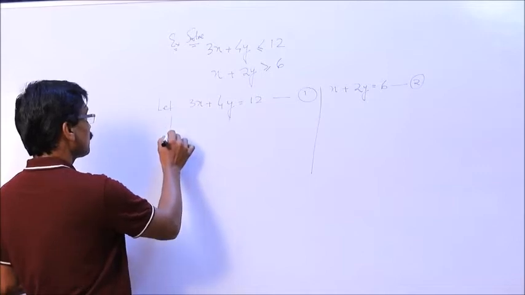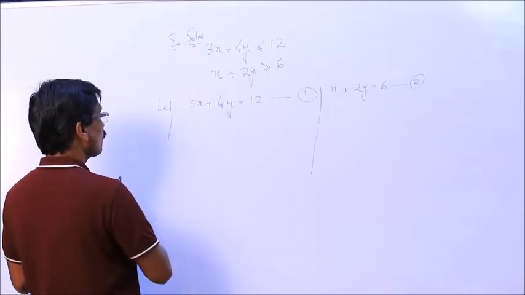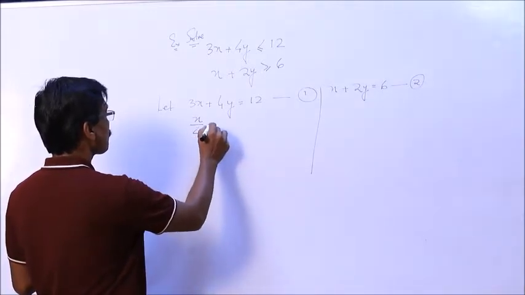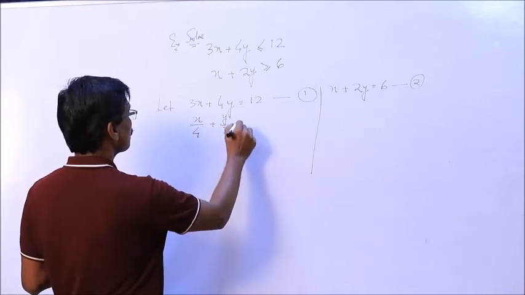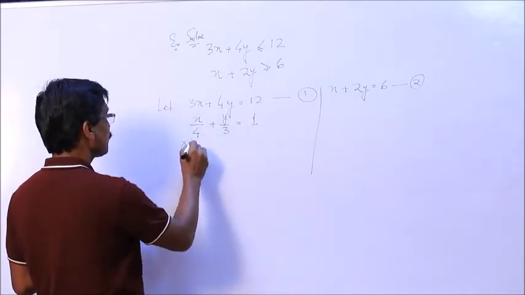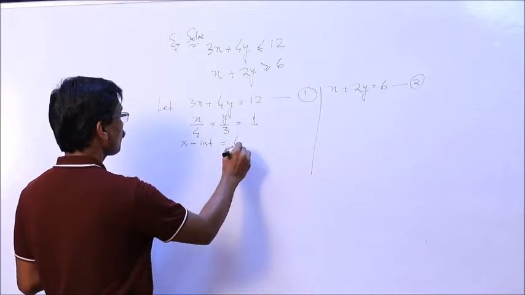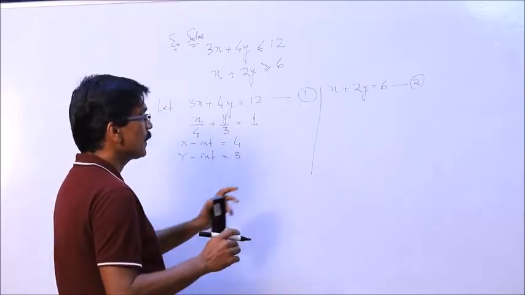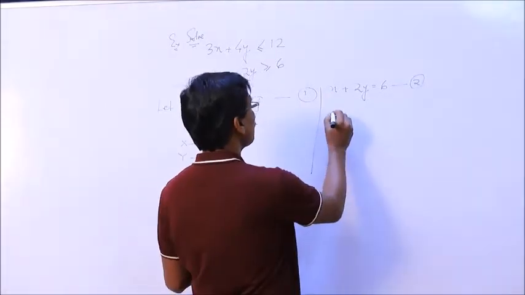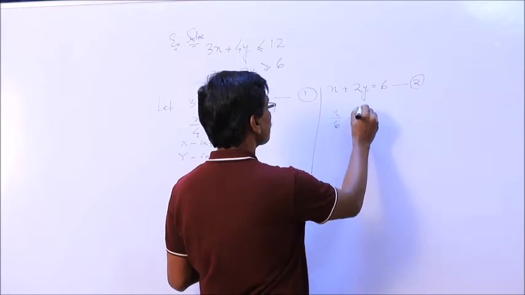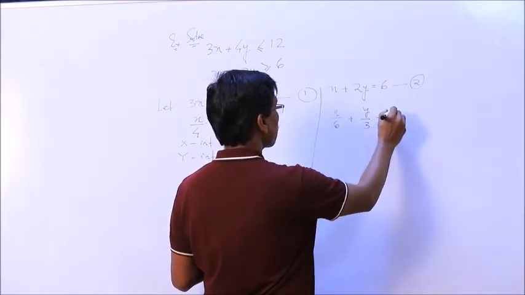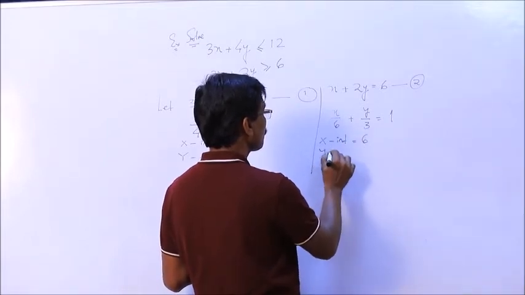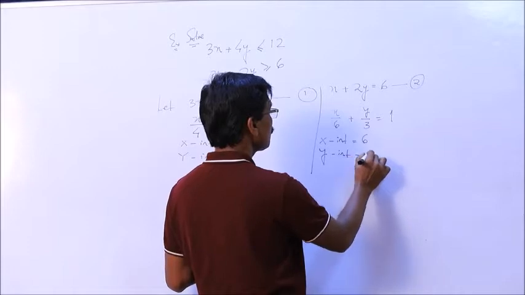Now, we can find 2 points. Dividing by 12, we get x by 4 plus y by 3 is equal to 1. So, we have x intercept equal to 4 and y intercept equal to 3. Similarly, for the second equation we have x by 6 plus y by 3 is equal to 1, so x intercept is 6 and y intercept is 3.